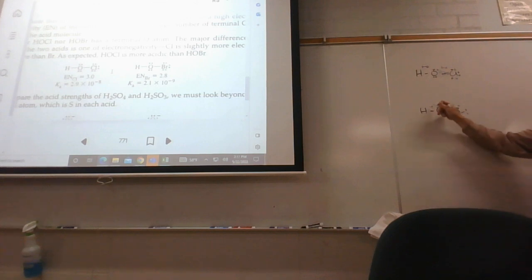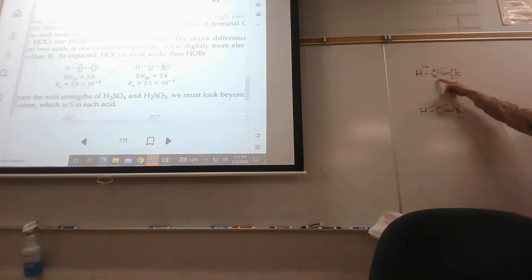And what that does is it makes things more or less electron rich. These are both oxygens, and both oxygens should have the same richness, but they don't. It turns out that this oxygen in HOBr is more rich than this oxygen in HOCl, and that's because of chlorine withdrawing or sucking electron density away. This is called the inductive effect.